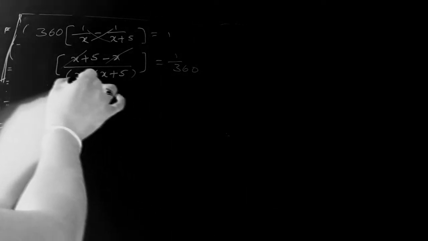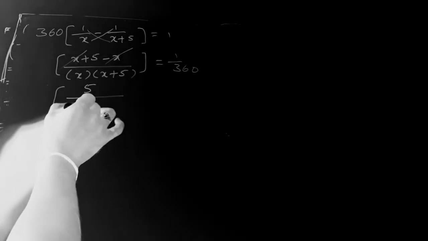So here you send this 360 to the right side. It is in multiplication, so it goes to division. Minus x plus x is going to cancel. So we are left with 5 by x into x plus 5, that is x square plus 5x, that is equal to 1 by 360.